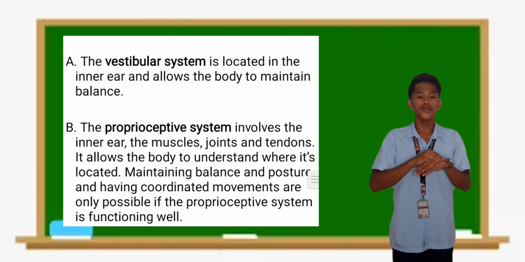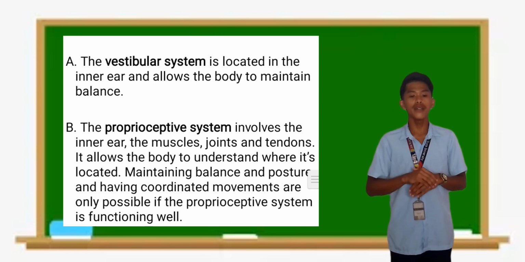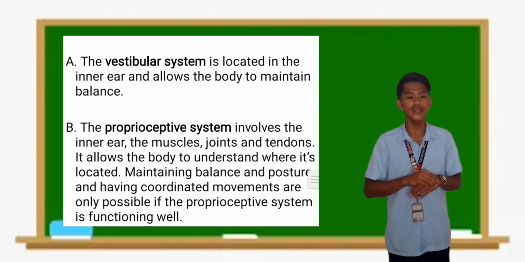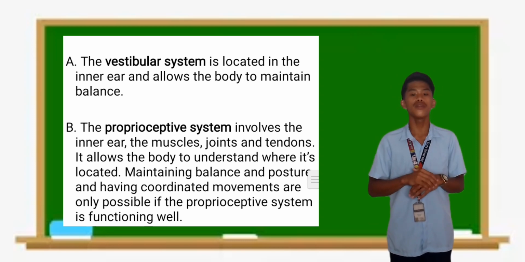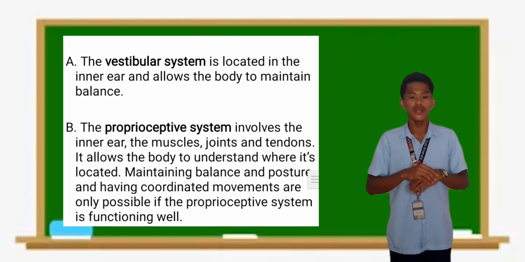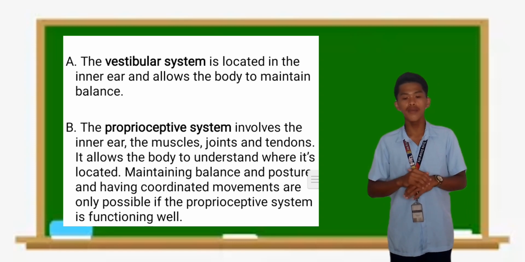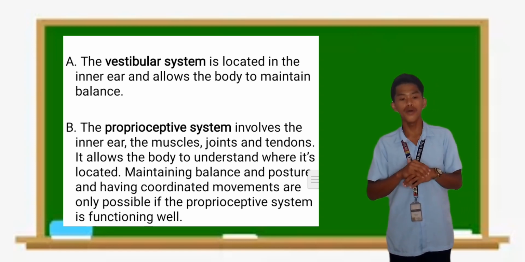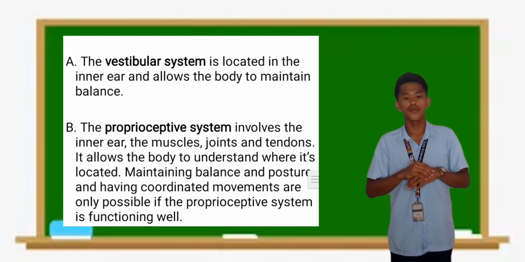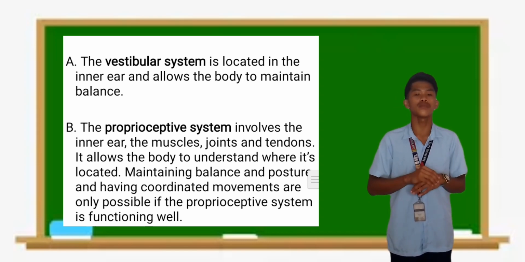The proprioceptive system involves the muscles, joints, and tendons. It allows the body to understand where it is located. Maintaining balanced posture and having coordinated movements are only possible if the proprioceptive system functions well.